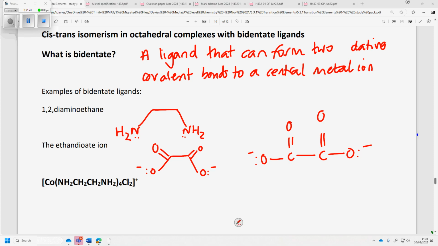But if we draw it skeletally, it's a little bit more straightforward. Each of the oxygens from the O- has a lone pair of electrons that it can use to make a dative covalent bond to the central metal ion. Now, the ethanedioate ion is not on the modern syllabus, but has been asked.